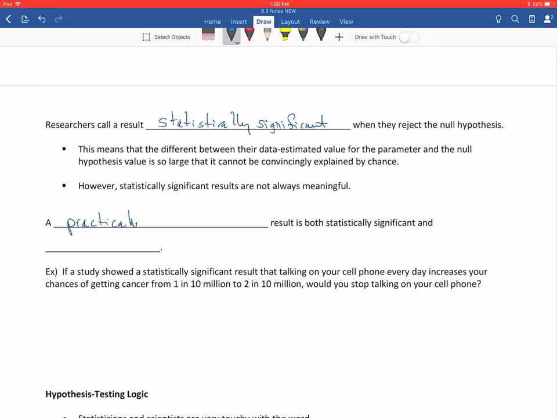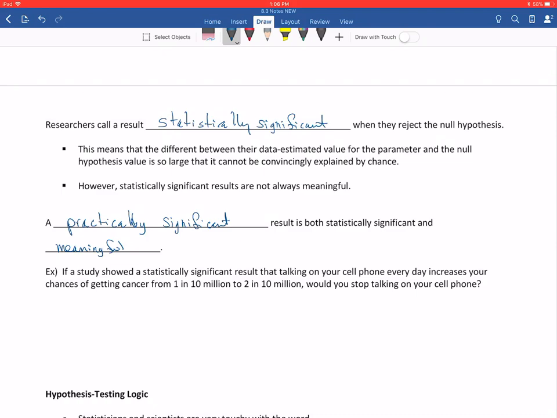So there's another term called practically significant, which is a result that's both statistically significant and meaningful. Here's a very easy to understand example.